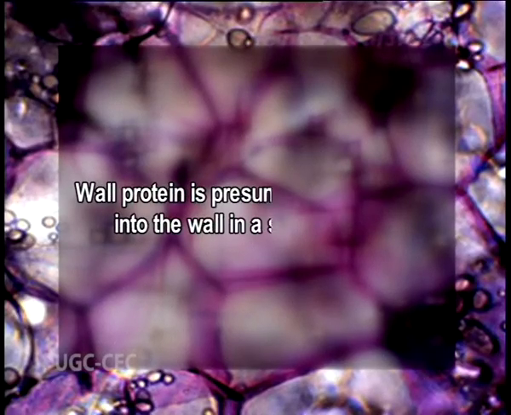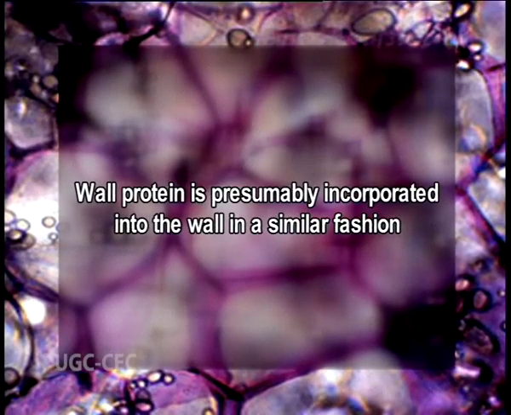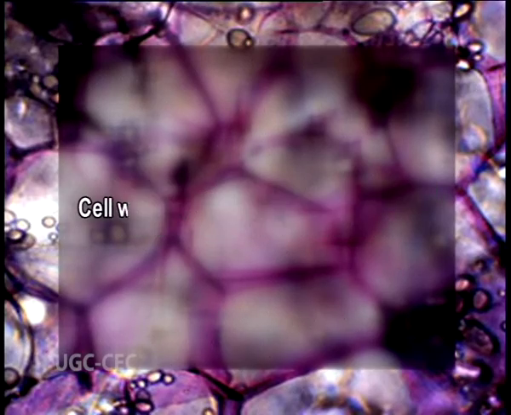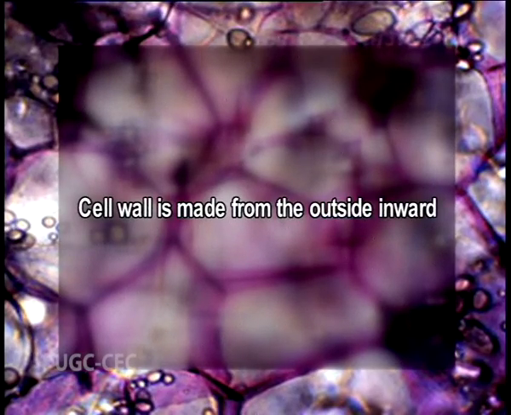Sucrose may supply the glucose that binds to UDP. Wall protein is presumably incorporated into the wall in a similar fashion. The cell wall is made from the outside inward. Thus, as the wall gets thicker, the lumen, that is the space within the wall, gets smaller.